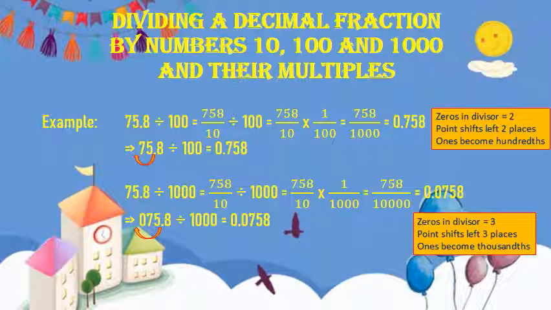So we can say that if the number of places to shift is more than the number of digits in the integral part, as you can see in the integral part there are 2 digits, 7 and 5, and the number of places to be shifted is 3, we have to put a zero in front to make up for the difference, right? So our product is 0.0758.